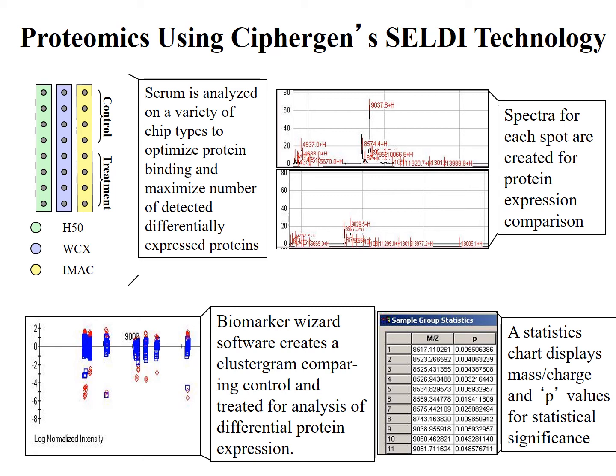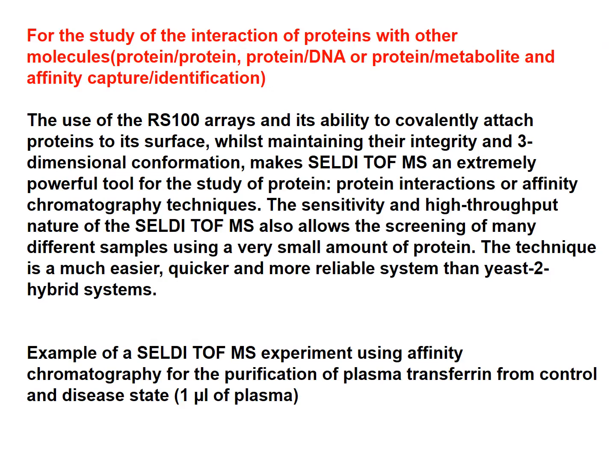Okay, so is this real? Can we trust this data? Okay, so you have to repeat it and probably maybe do even multiple samples from a patient. And look, they divided the chip, controls versus treatment, probably different spots, and compare the controls versus the treatments here.